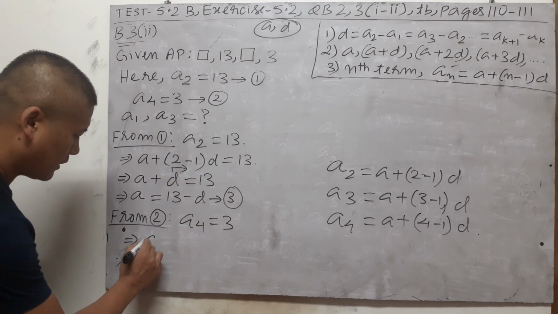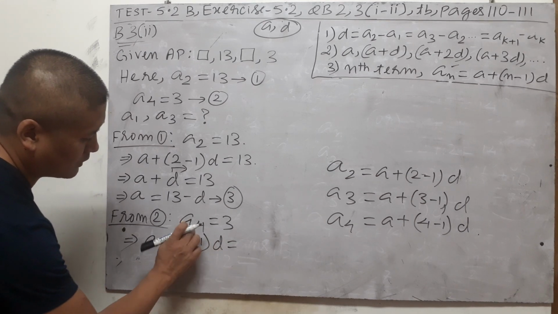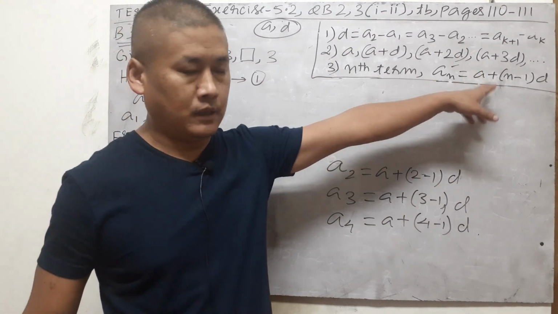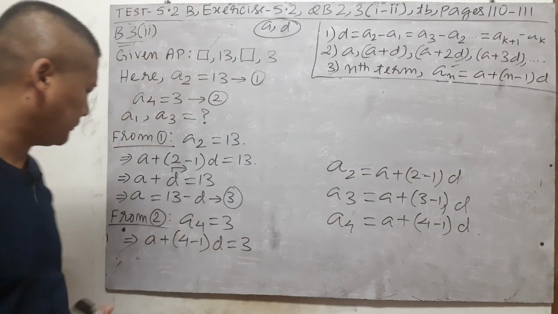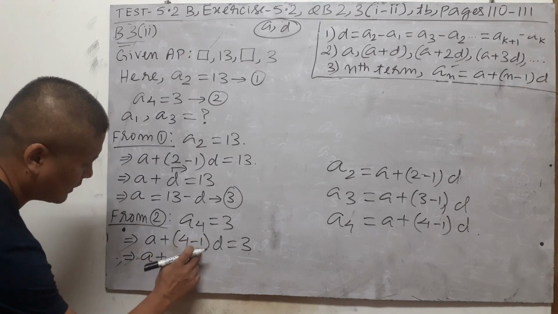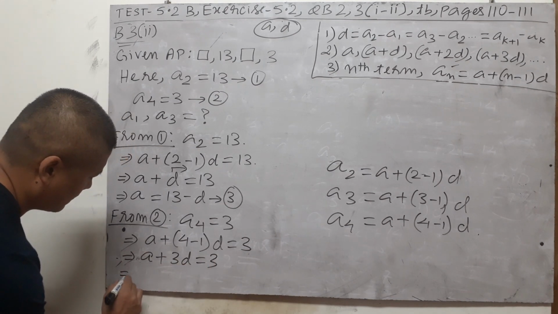So A plus 4 minus 1 into D, equal to 3, meaning we're using the formula An equals A plus N minus 1 into D. Then A plus 4 minus 1 is 3, so A plus 3D is equal to 3.